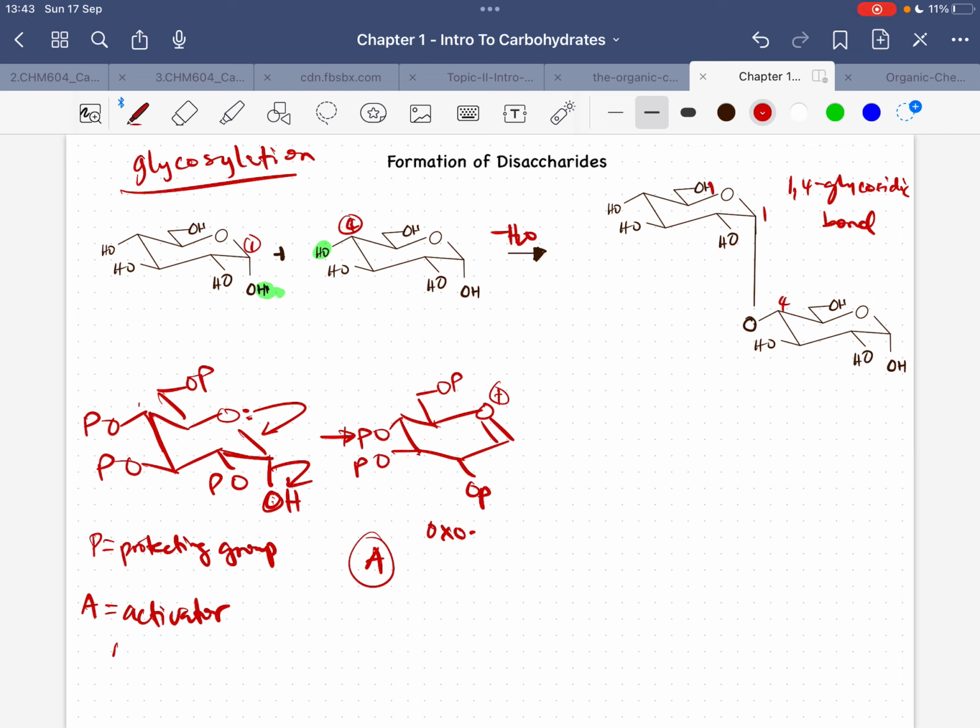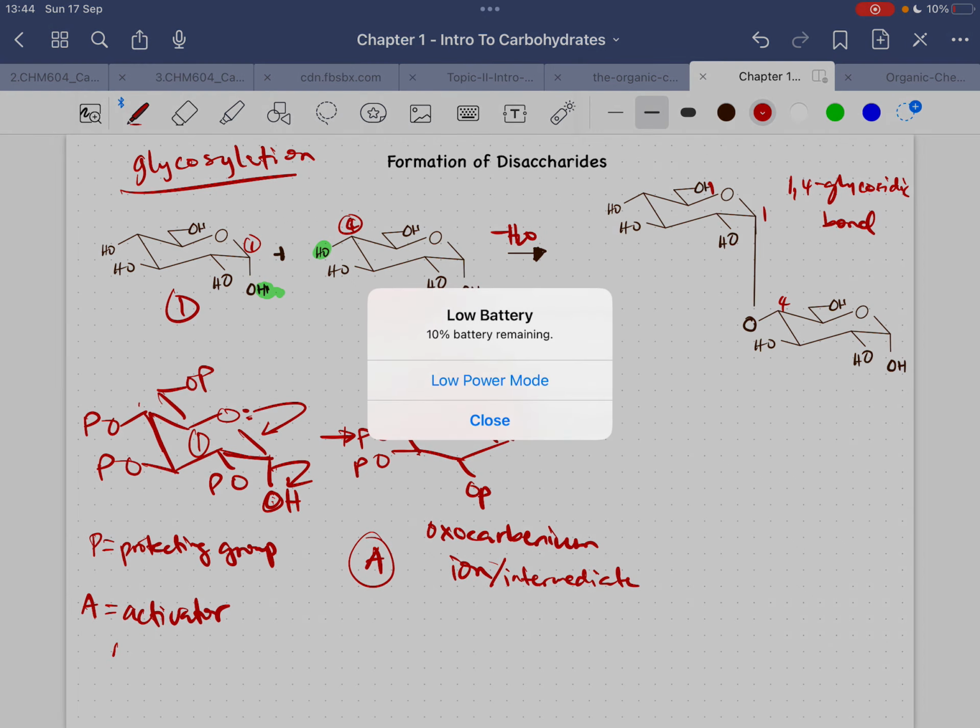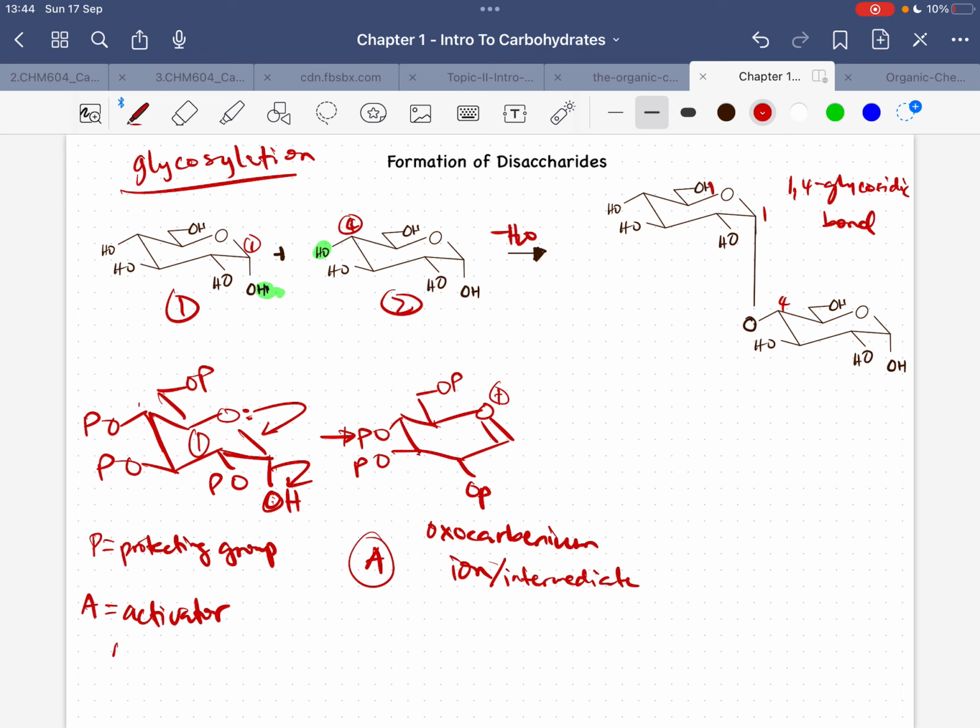This is what you call an oxocarbenium ion or intermediate. And then this is sugar 1, this is sugar 2. So another sugar, sugar number 2, has protecting groups.